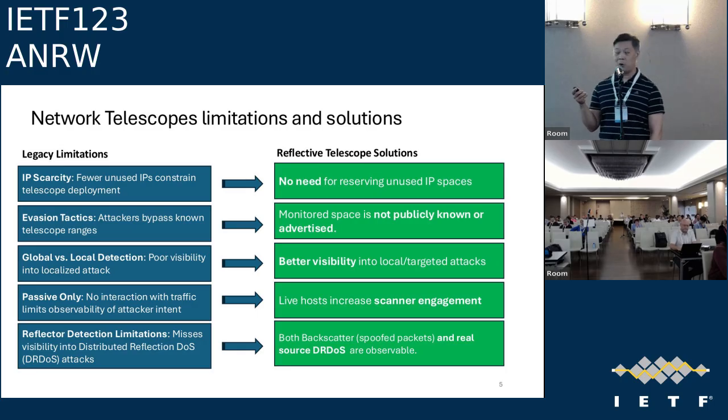Because we are monitoring an active network, we are able to see local activities. And also, because an active network will interact with the scanner, we expect to capture more different levels or different stages of scan activities by using the refractive telescope.